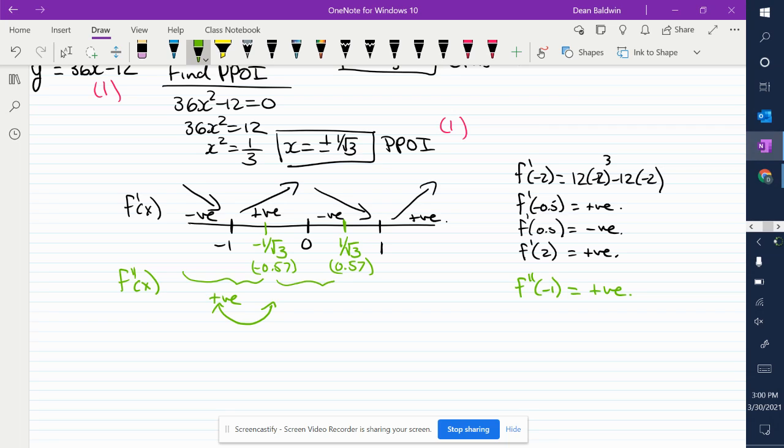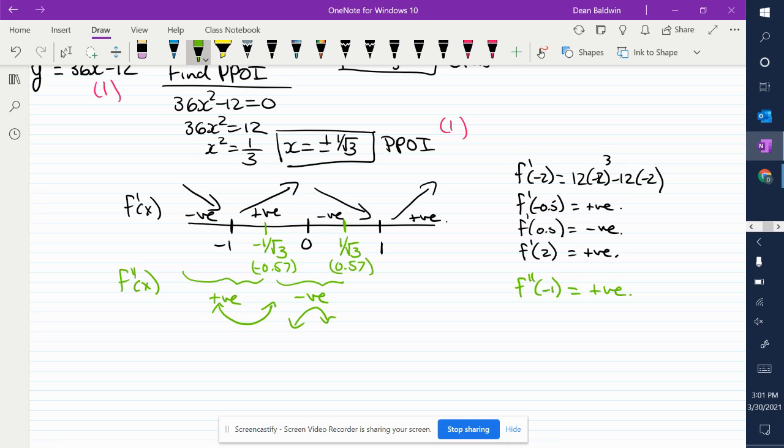Then I have to test between these 2 points. What would be the easiest number in the world to test? 0. If you put 0 into the second derivative, what do I get? Negative number, negative 12, right? So that means it's what? Concave down. So the graph is curving down.